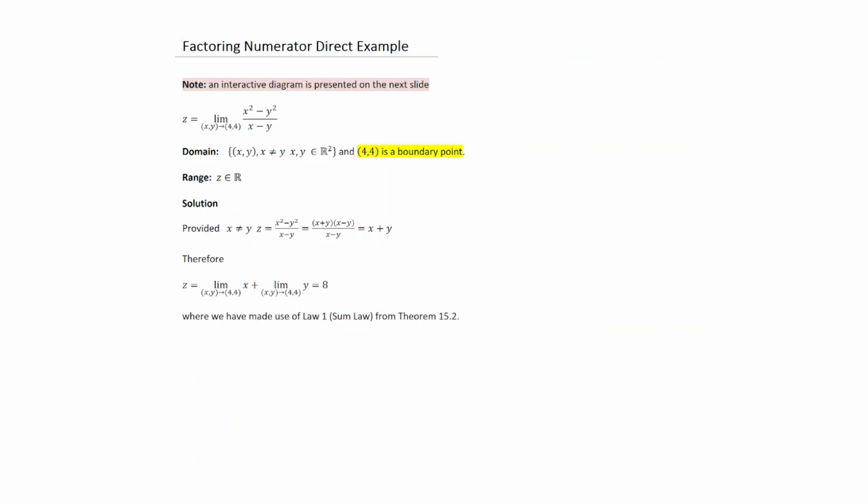Now, the limit of that function exists, again, according to the sum law, because if the limit of x exists, it does, and the limit of y exists, it does, then the limit of the sum also exists. So you can just more or less substitute the value for x in and the value of y, and you'll end up with a value of 8.